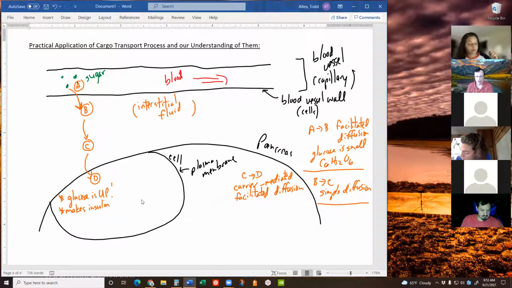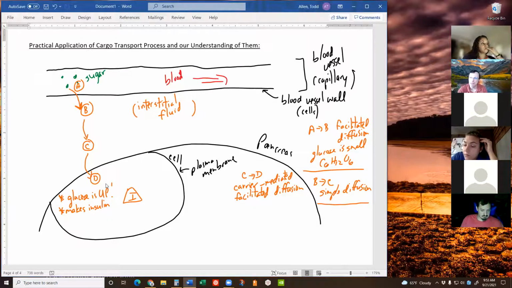Okay. So what I'm saying to you is through processes that, again, we're not going into great detail with, the cell is going to end up with some insulin. So I'm going to put the insulin here as a triangle.